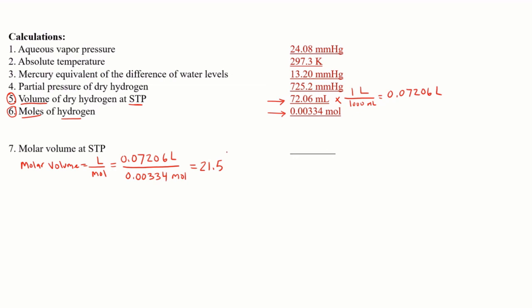Now I'm really limited to 4 sig figs, but I'm gonna cheat and add a 5th sig fig so I can compare it to the molar volume of ideal gas. So this will be a 5 liters per mole. So my molar volume for this experiment is 21.575 liters per mole.